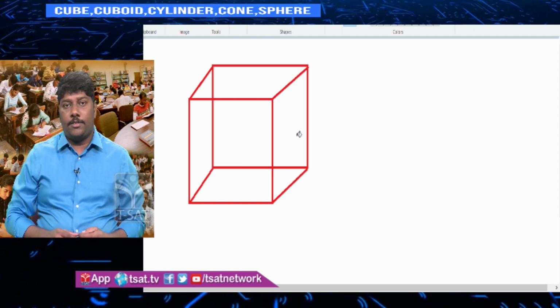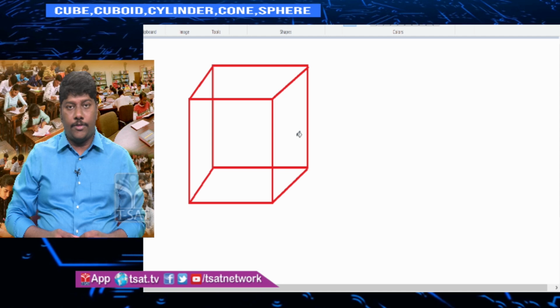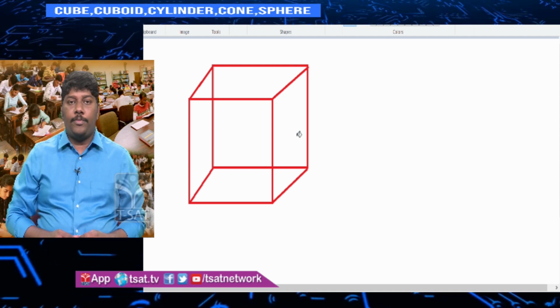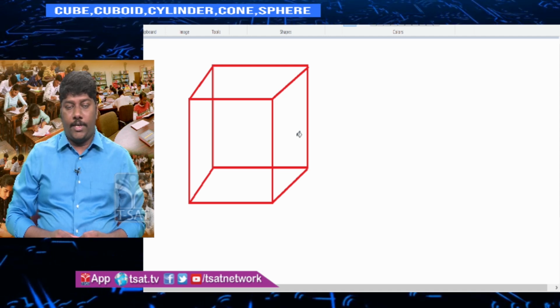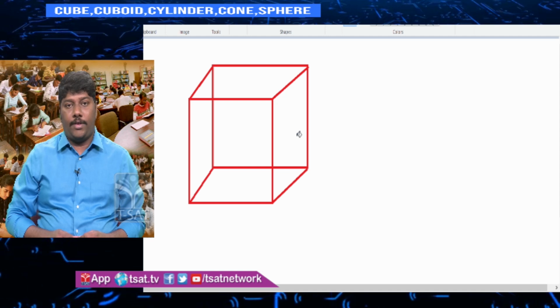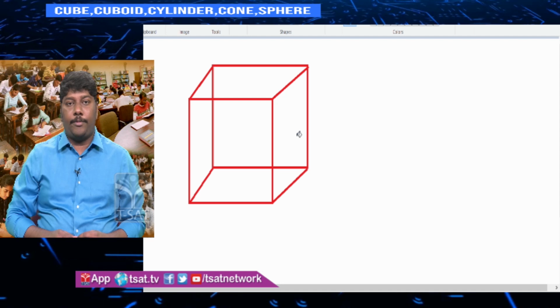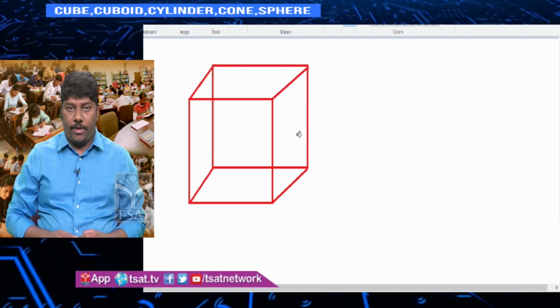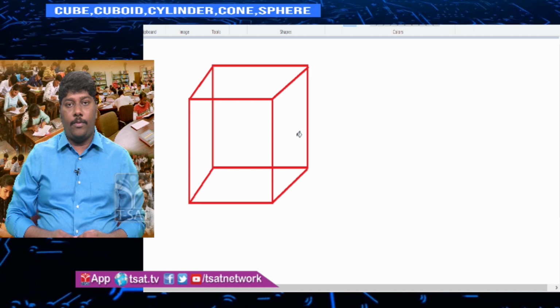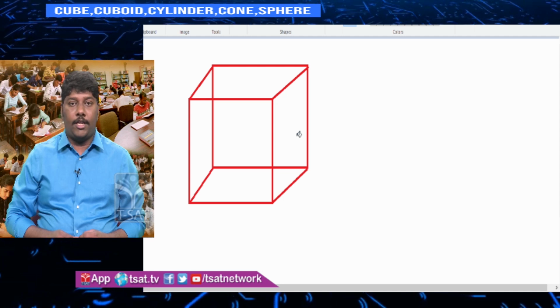You can imagine, suppose you are sitting in a room and seeing this video, just imagine that the room is a cube, but the condition is that all the walls, including the ceiling and the floor, must be in the shape of squares, all of them equal. Then you are sitting in a cube.